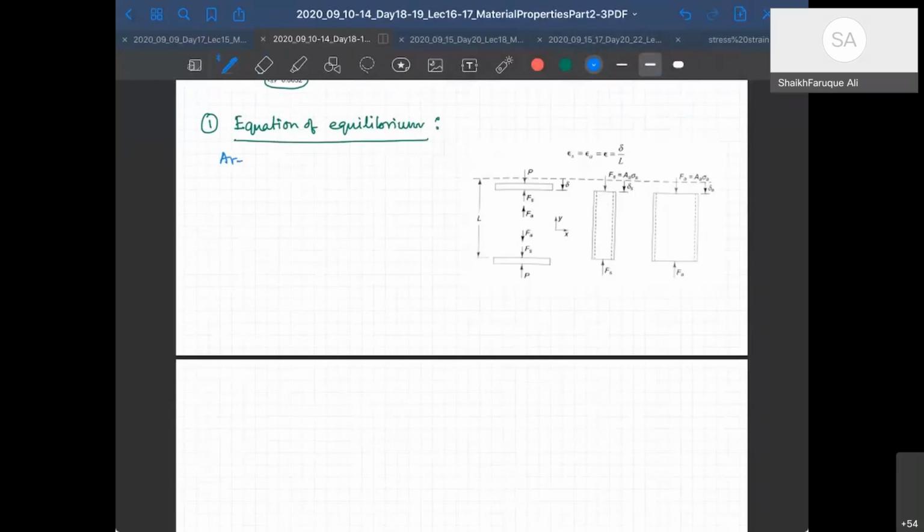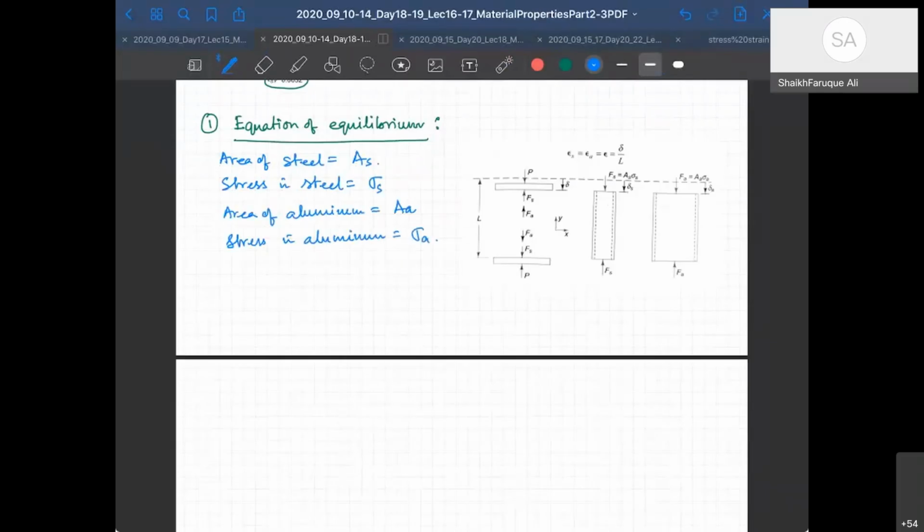Area of steel, AS, and stress in steel, sigma S. Area of aluminum is equal to AA, stress is sigma A. So the force by steel is going to be sigma S into AS, and force by aluminum is going to be sigma A into AA, right?